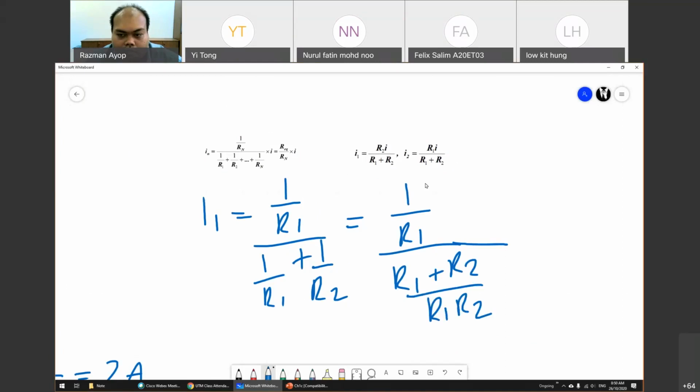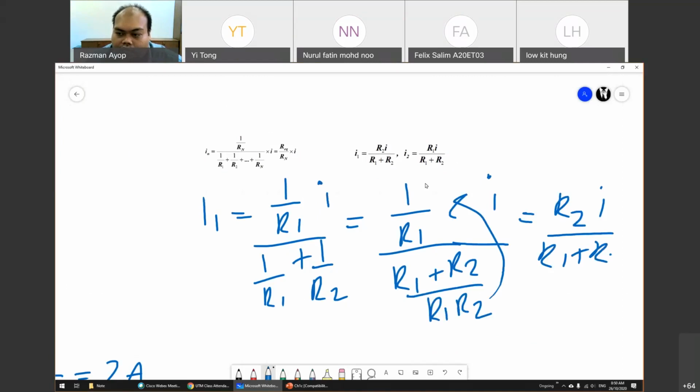Then you bring this up, and you get R2, and don't forget I. Then over R1 plus R2. So if you use this formula for two parallel resistances, you will get this. You can see that if you want I1, you have to use R2. Basically, this is just derived from the general equation.